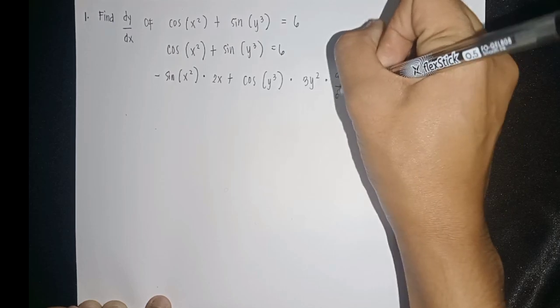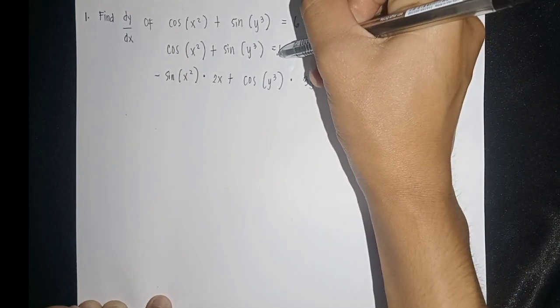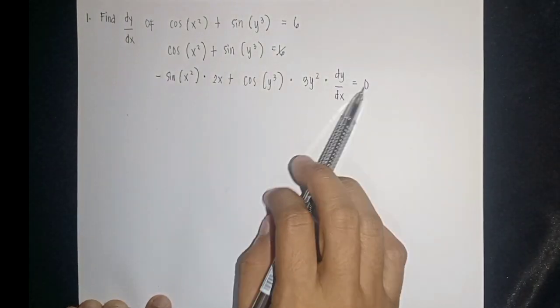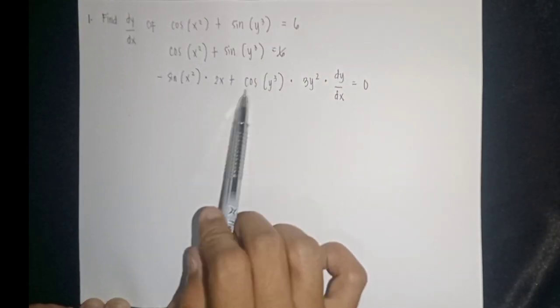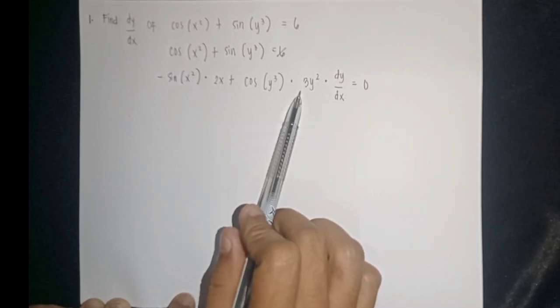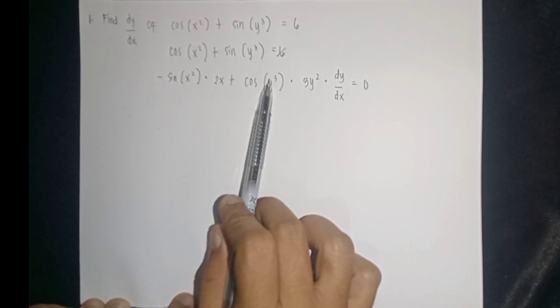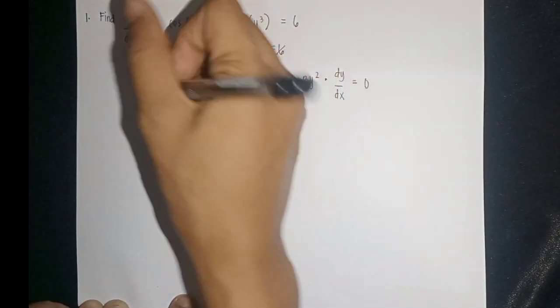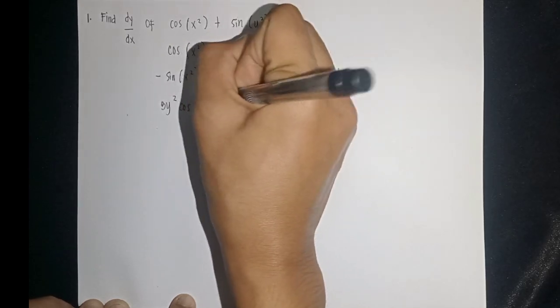Multiply it with the derivative of y with respect to x, is equal to 0, because 6 is constant, and a constant number is definitely 0. And then bring down the 3y squared times the derivative of y over dx. But first, multiply it with the cosine y cubed.